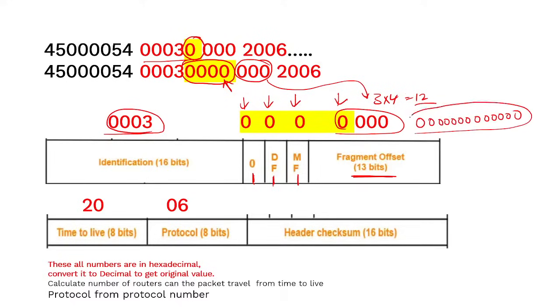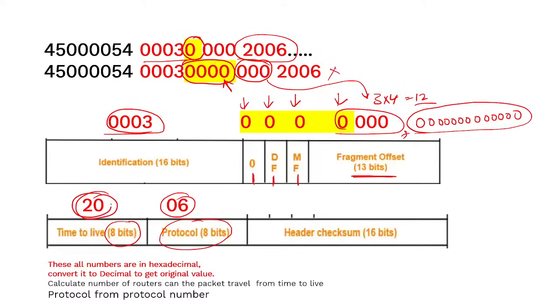That is, these 13 zeros are here. That is done. Now the next line is 2006. So this 20 is the time to live, and 06 is the protocol. After that, nothing is given to me.